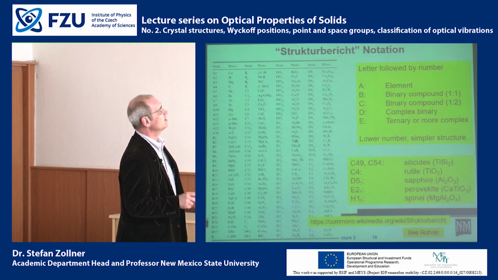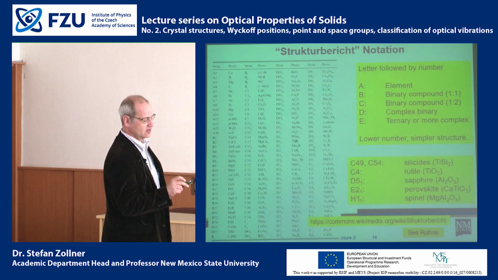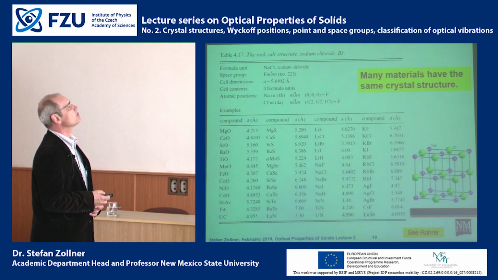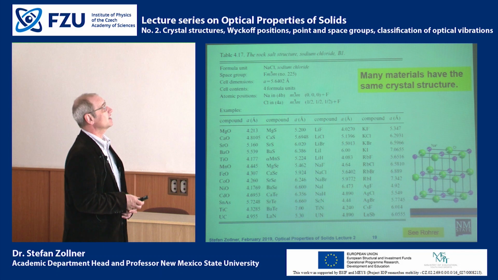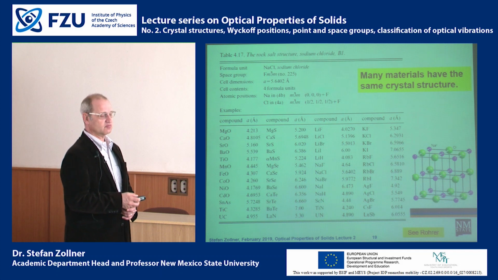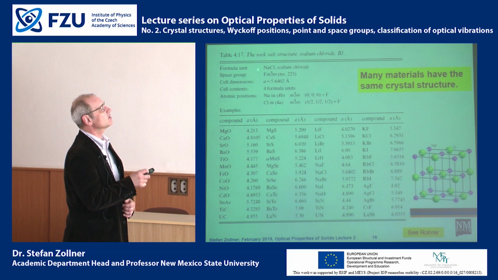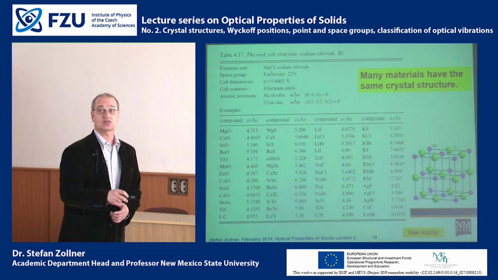So we've already seen this slide. There are many, many of these structures. And the reason why we classify the different materials with these structures is that once I understand one structure, like the rock salt structure for sodium chloride, there's many, many materials which have this sort of structure.